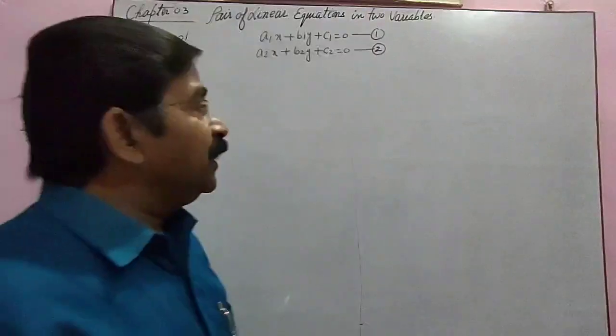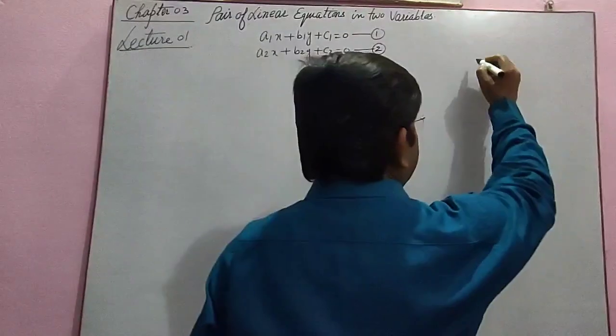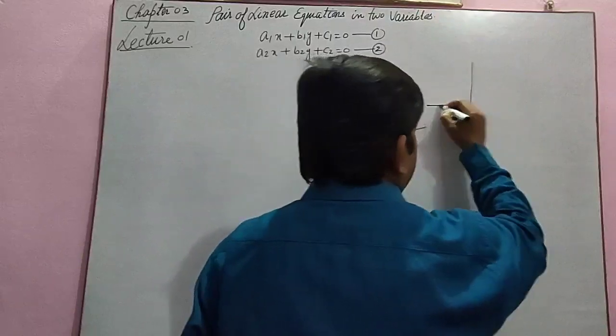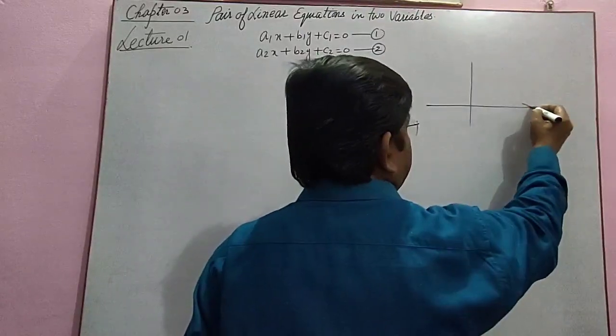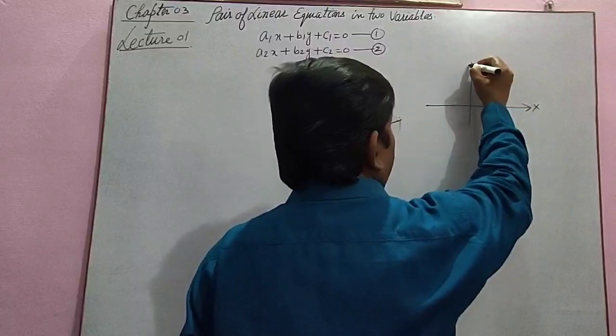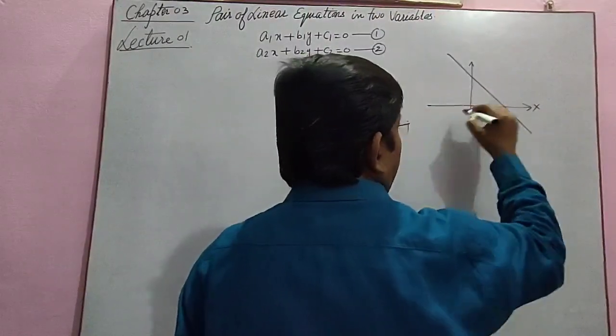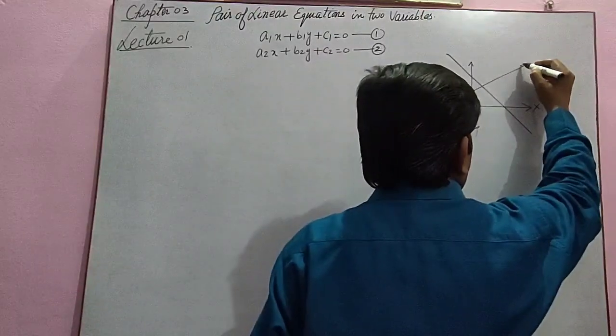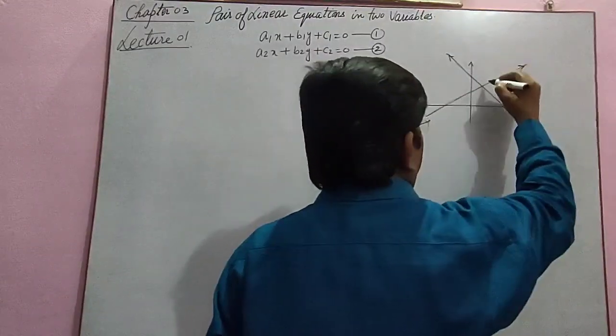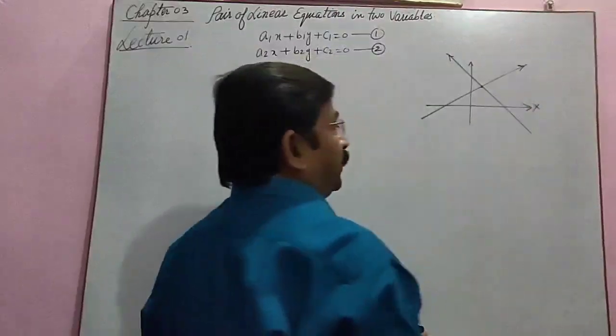So let's see, if the two lines intersect each other, suppose this is the x-axis and this one is the y-axis, and one line goes in this way and the other line goes this way, so we have a common point here.